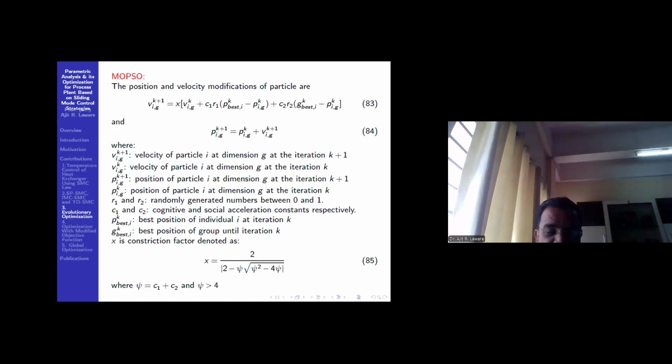Think of a flock of birds flying in search of food. Initially the birds are scattered, and finally they are in a single row. That's the concept. So the pbest, personal best, is where each bird is flying on its own.